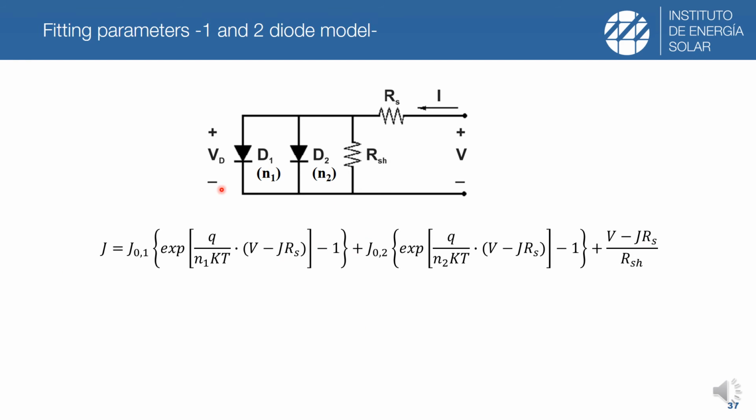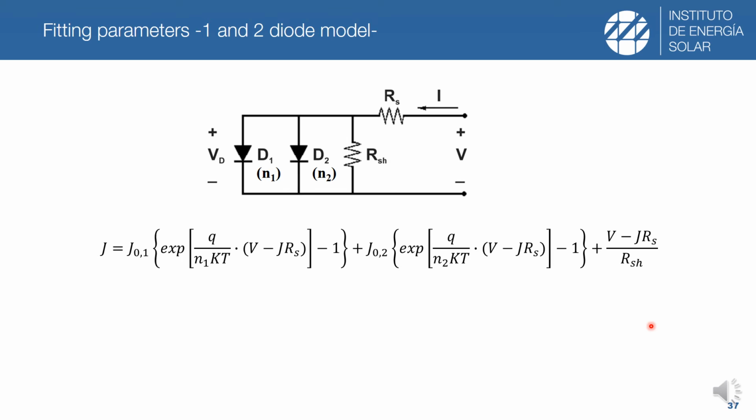And the first part represents the recombination at high voltage in the quasi-neutral regions, whereas the second term of the equations represents the low voltage range, which accounts for recombination in the space charge region.